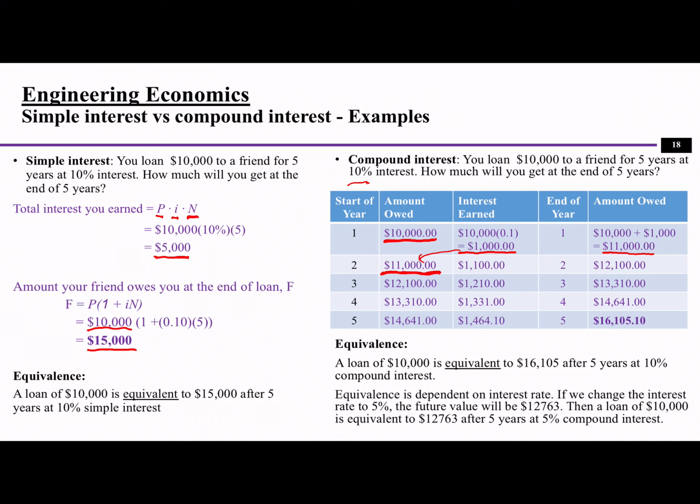We are using the money at the end of last year to calculate this year's interest, right? So you will get a different value, which is $1,100. And the total amount of money you will receive at the end of year 2 is $12,100. Right.